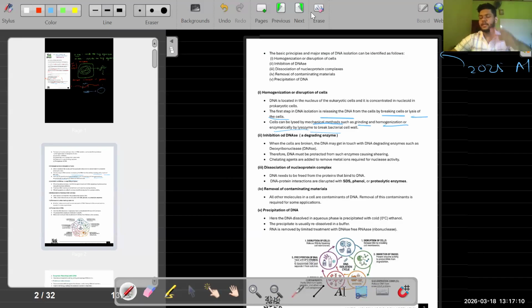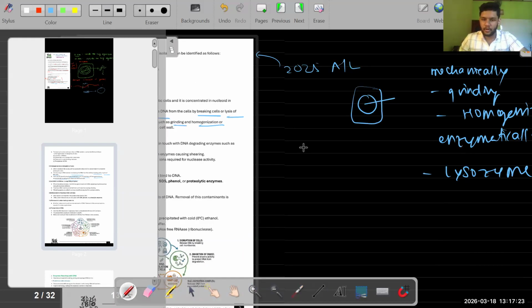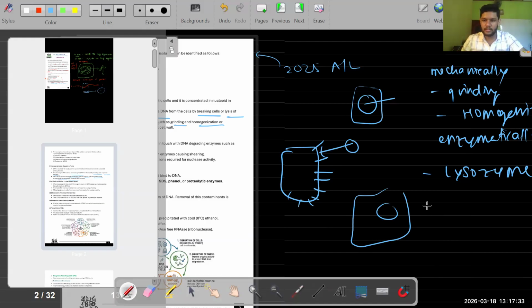In immunity, we came across lysozyme under external barriers. It is present in saliva and tears. If it is introduced to a prokaryotic cell where a cell wall is present, lysozyme will break this cell wall. After breaking the cell wall, the DNA can be easily removed, right?